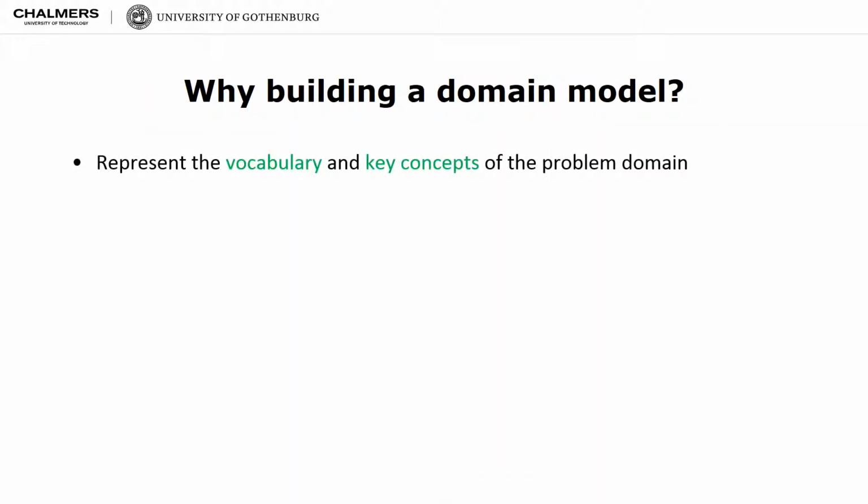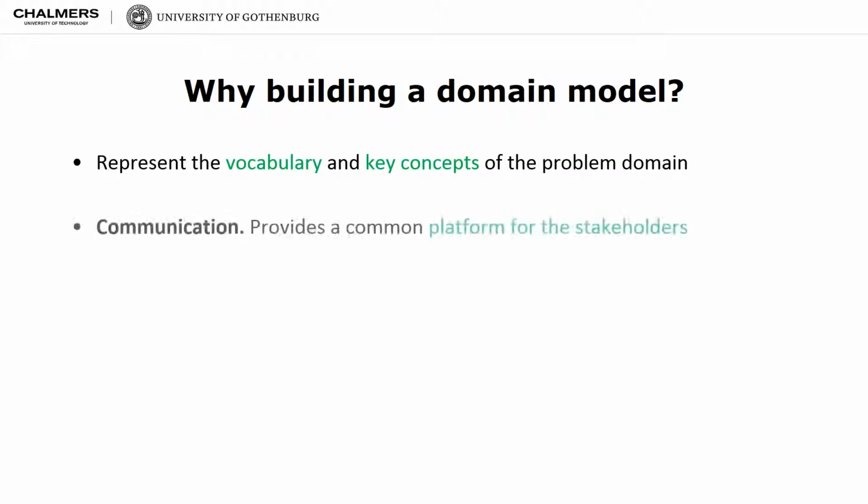So the question might arise of why we are building a domain model. The most important role of a domain model is that of being a vocabulary that is shared among the stakeholders, and therefore providing a definition of the key concepts in the problem domain. In that sense, it is a very valuable communication tool.